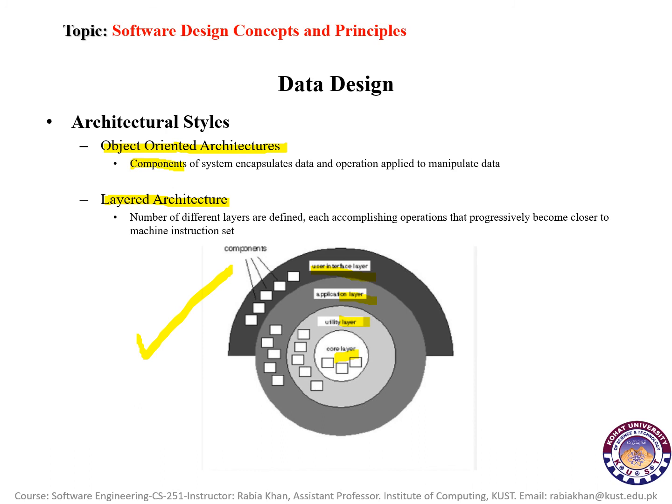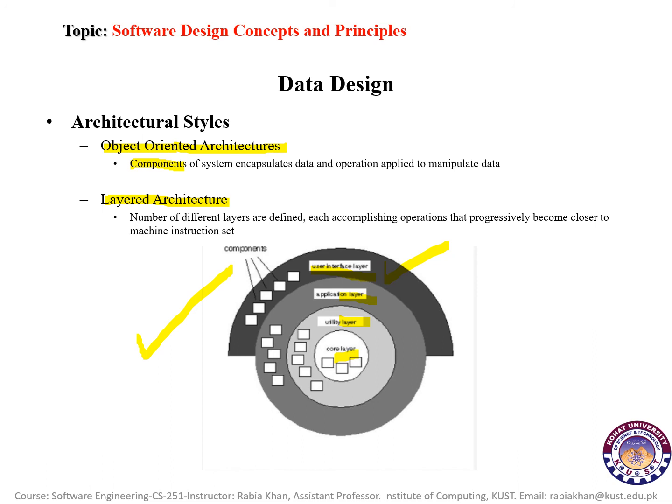Every layer accomplishes operations that progressively become closer to the machine instruction set. At the outer layer, this first outer layer in black, components service user interface operations. So the first layer is mainly for the interaction with the user.